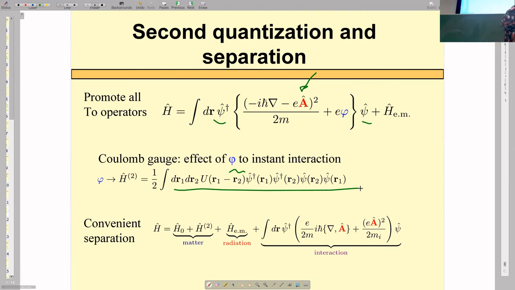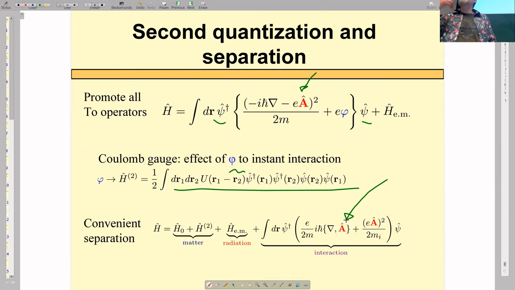An atom is tied to the proton because of this interaction, right? And that we regard as matter, although it's due to potential. And we keep only A as a field.